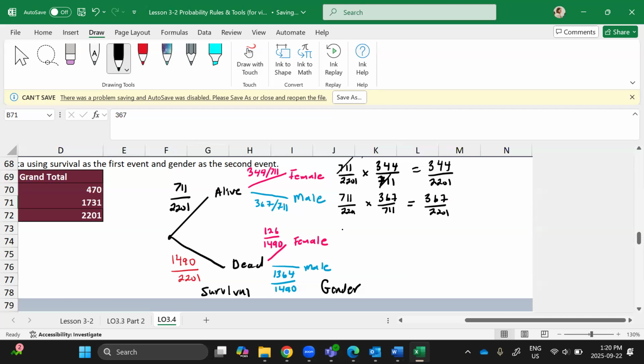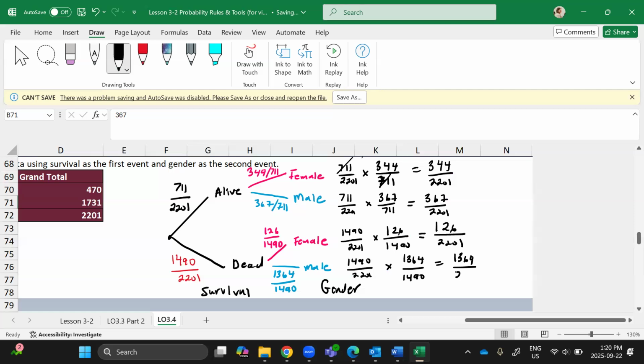Then we move down to the dead branch. So we did the probability of dying times the probability of being a female given you died. That gives 126 out of 2,201. And then finally, the probability of dying times the probability that you are male given dead.